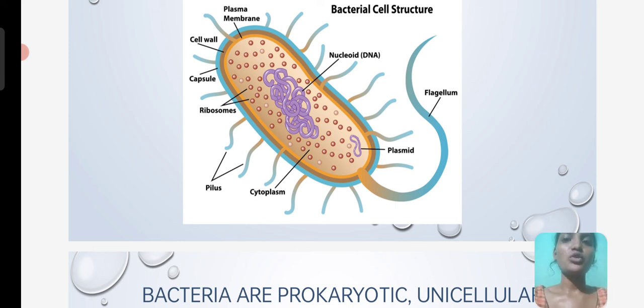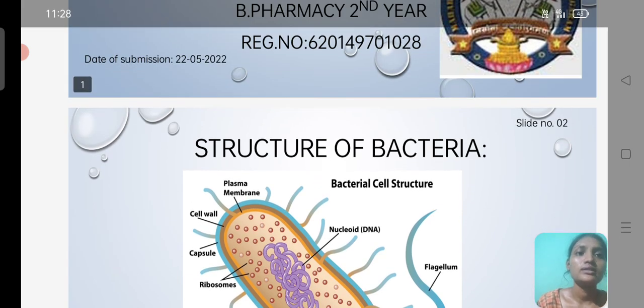The main function of the pili is the transfer of genetic material, and they are also useful for attachment. So these are the parts involved in bacteria which are useful for different functions, helping bacteria survive on this earth.